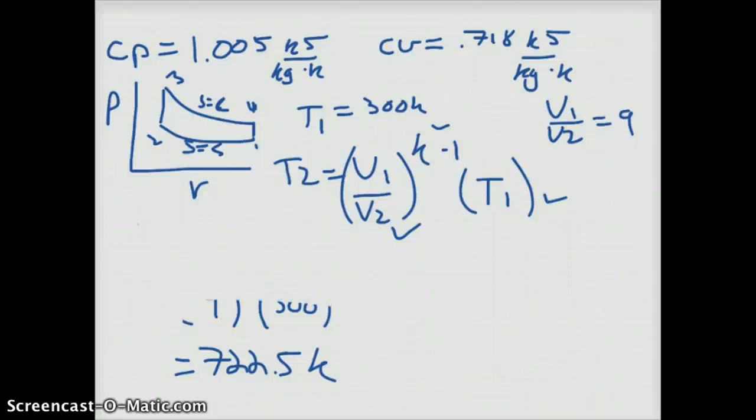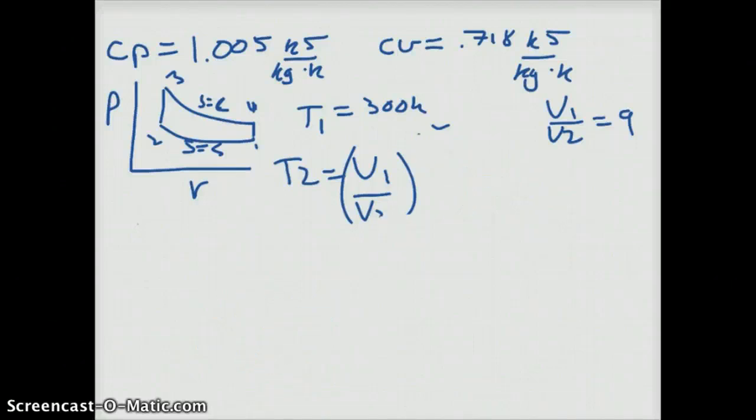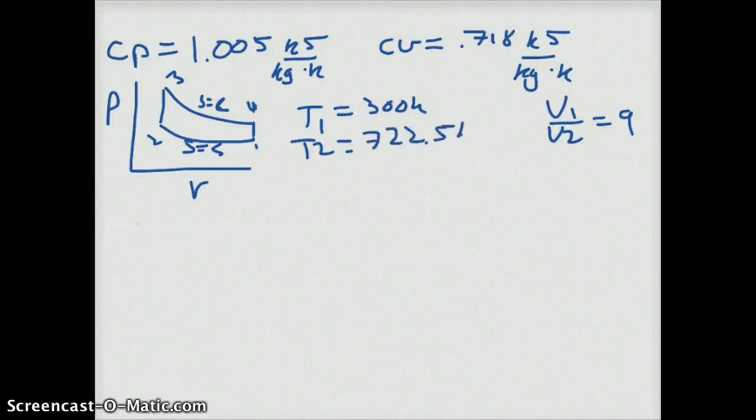Let me just erase this. So our T2 we found to be equal to 722.5 K. The energy balance equation for state 3 equals m times U3 minus U2.